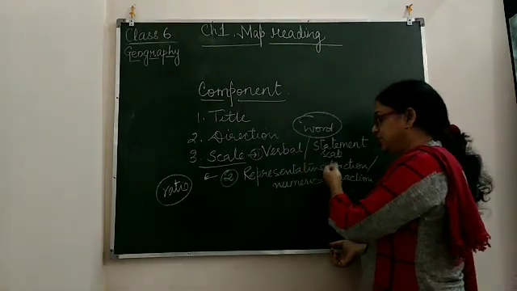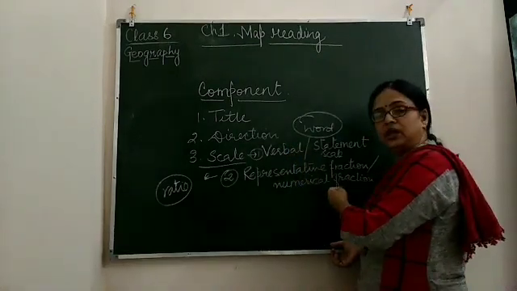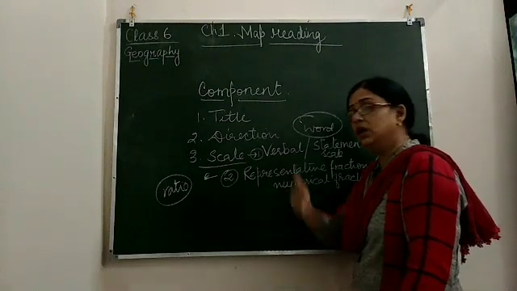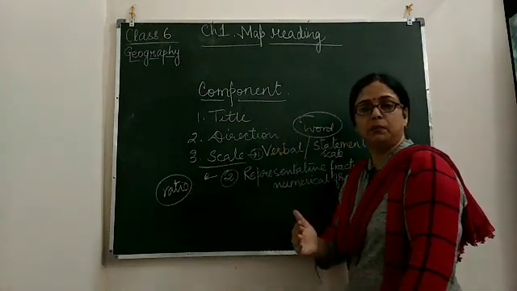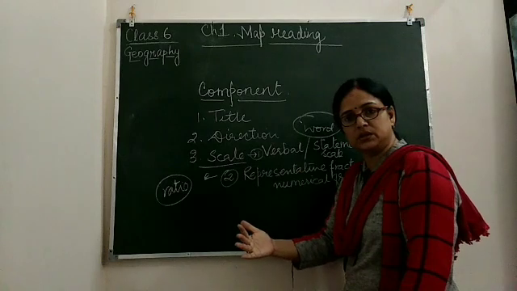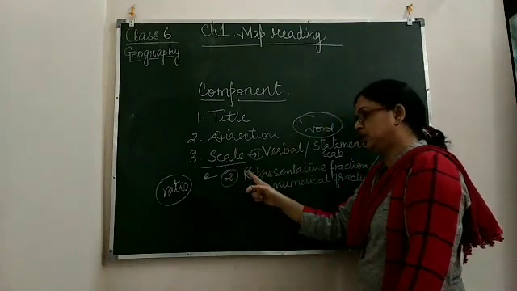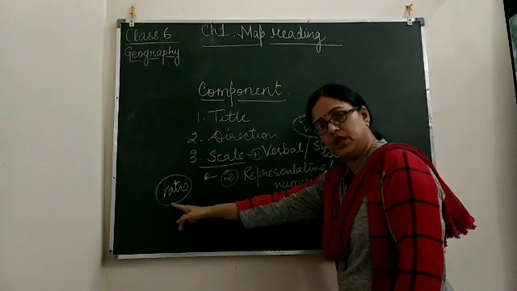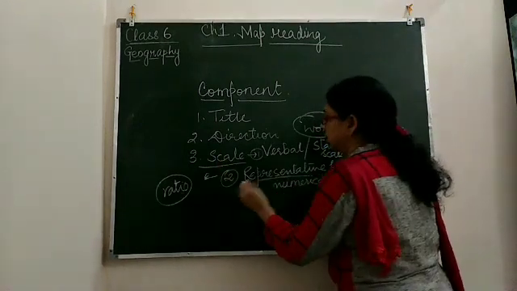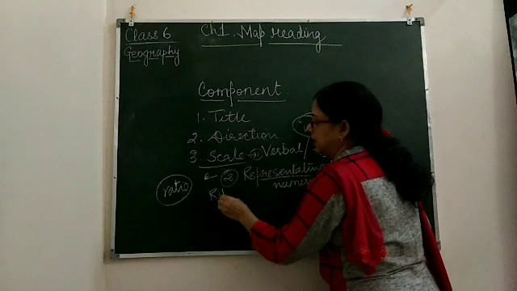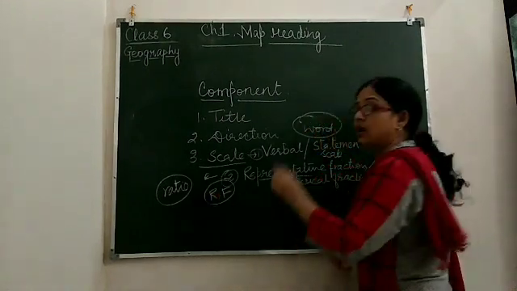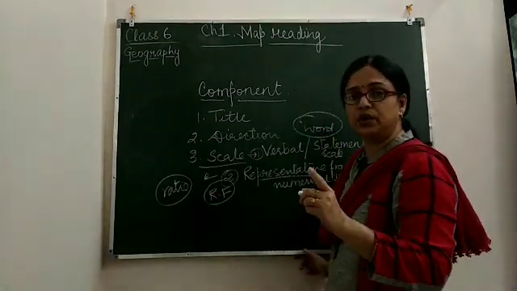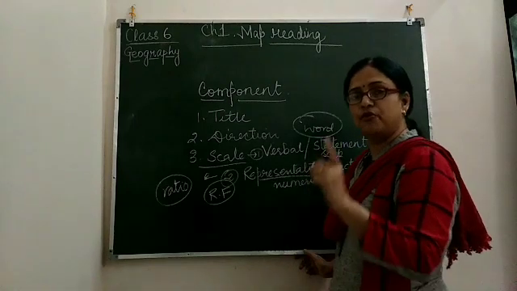The representative fraction or numerical fraction shows the ratio between the map distance and the ground distance. It is also represented in abbreviation as RF. RF stands for representative fraction.